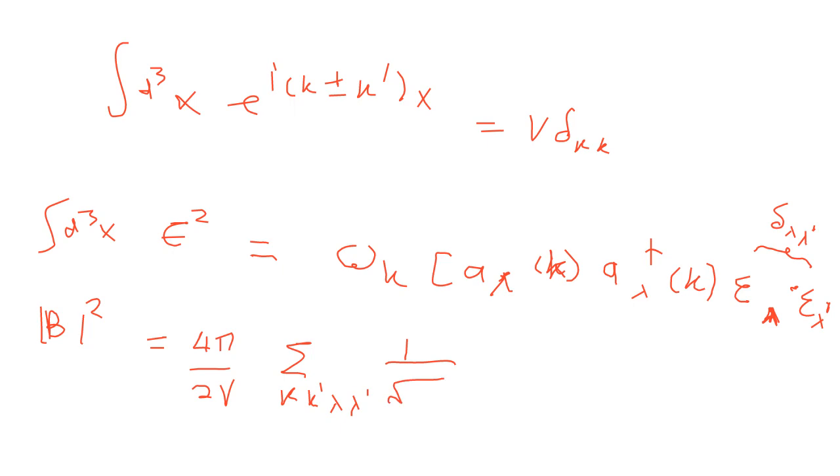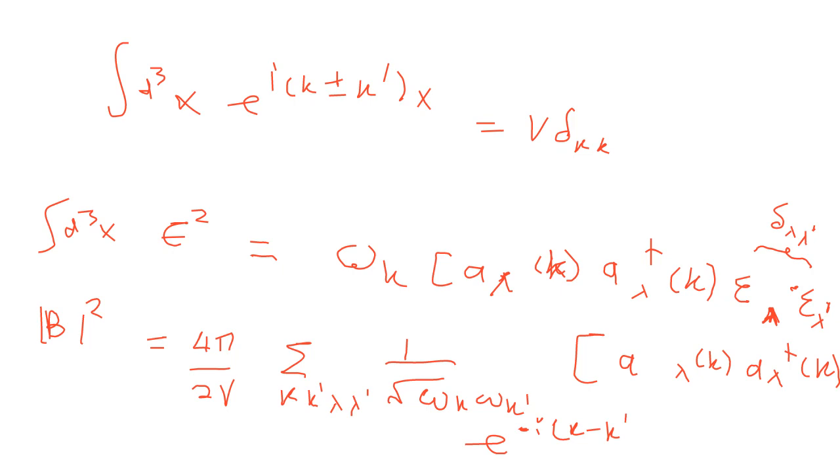But we still have to fill in these terms: omega k prime, a lambda of k, a lambda dagger of k, e^{i(k-k')·x}. The new thing for B is that B involves a cross product, so you have to compute things like k dot k prime, epsilon lambda dot epsilon lambda prime.